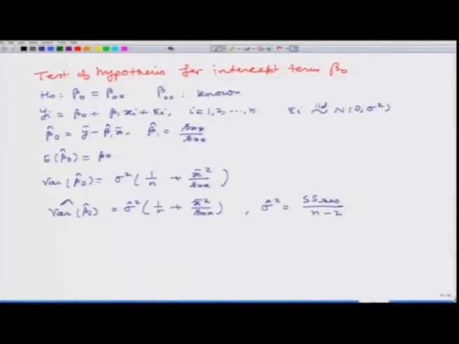We can show that beta 0 hat is a linear function of the normally distributed random variables y's. So, it also follows a normal distribution with mean beta 0 and variance sigma square times 1 over n plus x bar square over Sxx. Using this result, we can construct the test of hypothesis under two cases: when sigma square is known and when sigma square is unknown.